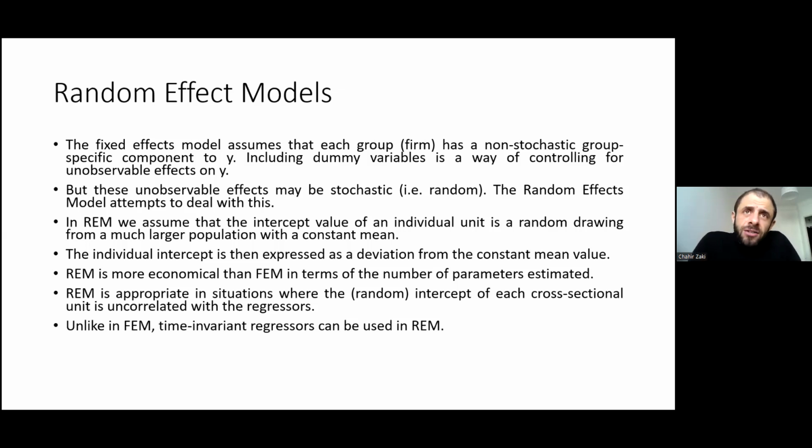Which means that if I'm interested in my study in examining the effect of some time invariant variables, like gender, for instance, I cannot use the fixed effects model, because all those time invariant variables will be automatically captured by the fixed effects. And so the gender will be captured by the fixed effect.